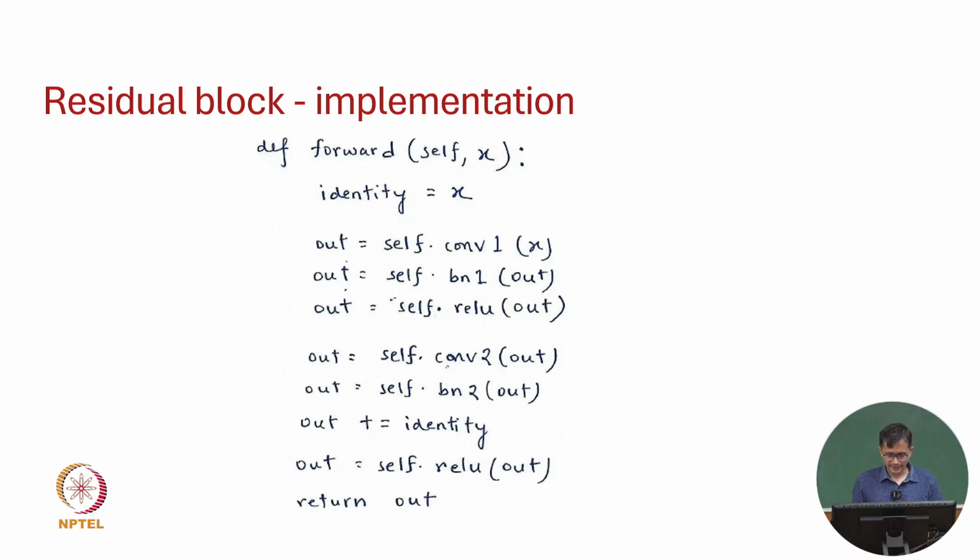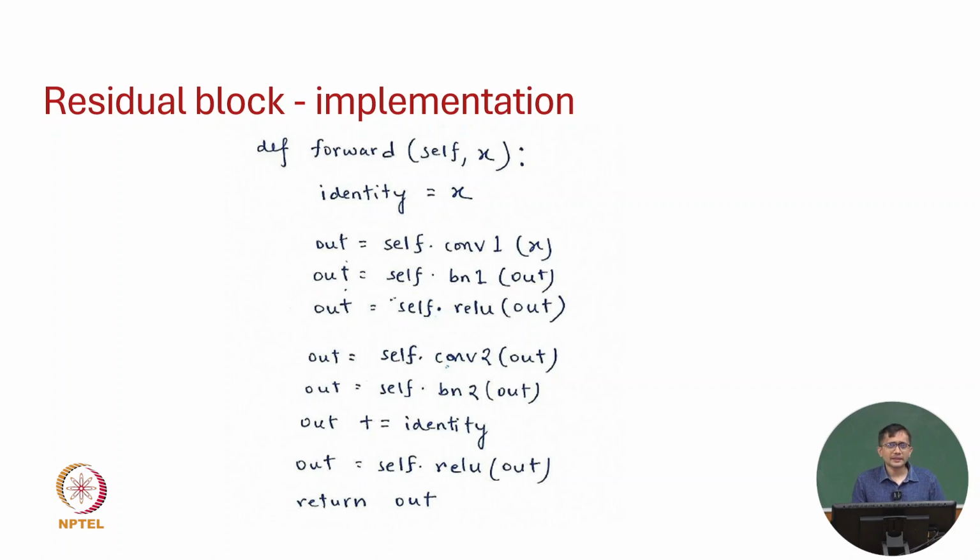That is, now at this stage we are adding back this identity that we had defined at the top. We are adding back this identity over here. Following this, we are processing again through the ReLU, and now we are returning the output. So this is a sample residual block implementation.